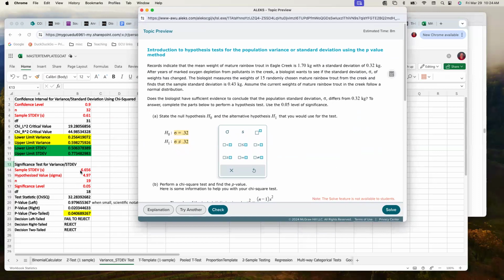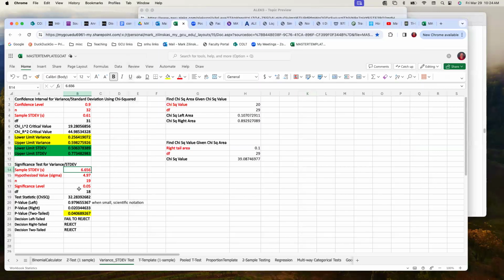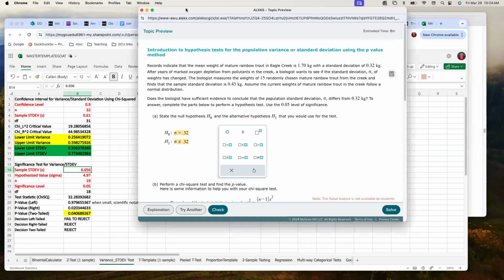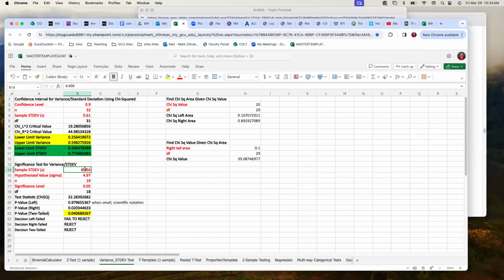Okay, so this time we don't have to take square roots. I already forgot the sample. What was it? 0.43. Okay, so this goes to 0.43. This was 0.32.